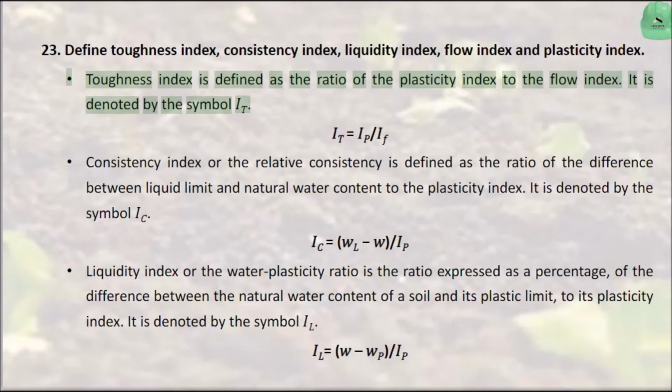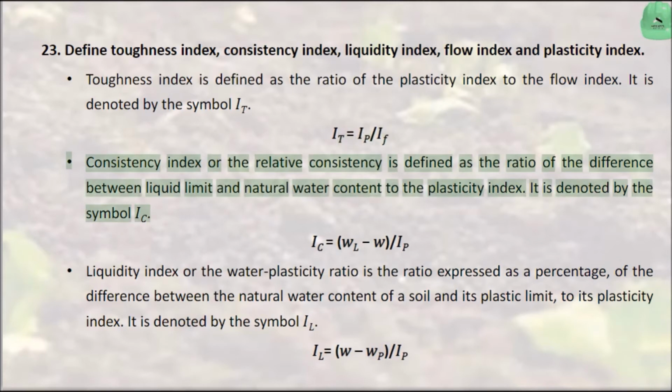It is denoted by the symbol IT, equals IP / IF. Consistency index, or the relative consistency, is defined as the ratio of the difference between liquid limit and natural water content to the plasticity index.